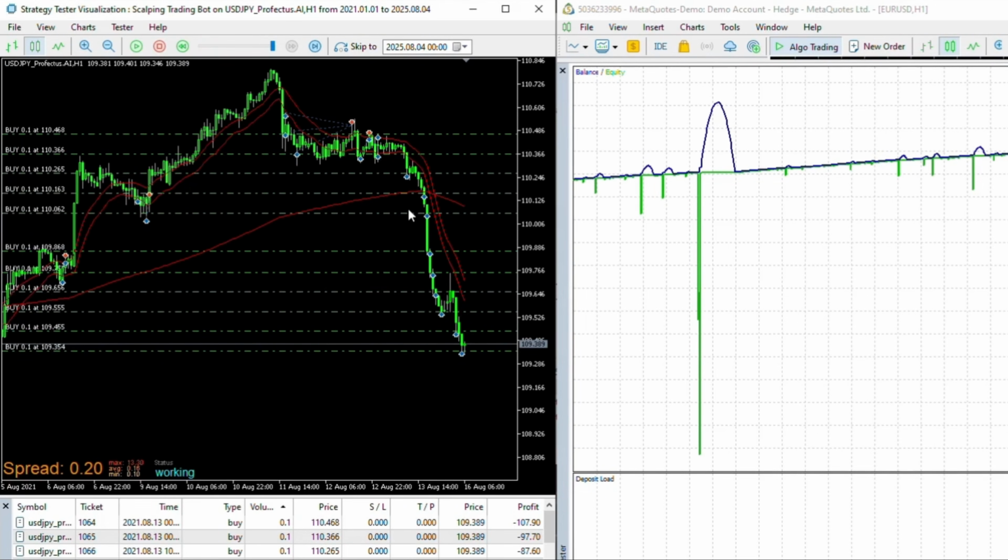That is why this system has a very high win ratio of around 80-90% at the end of the day. Otherwise, the balance curve wouldn't look like this.